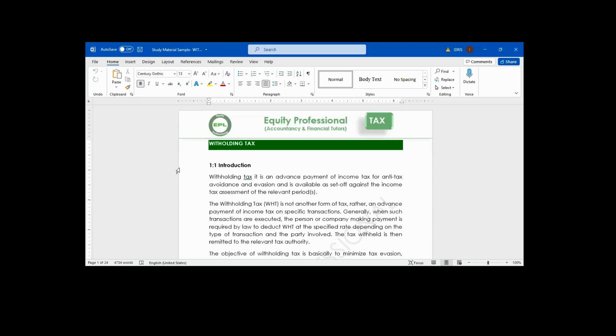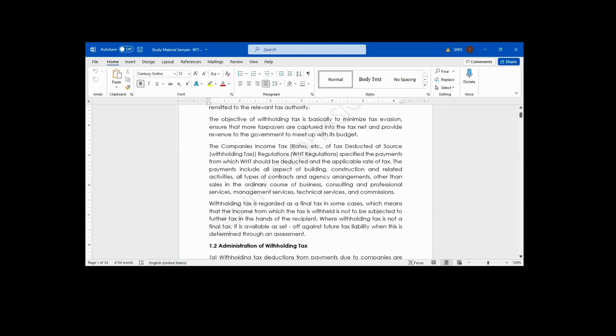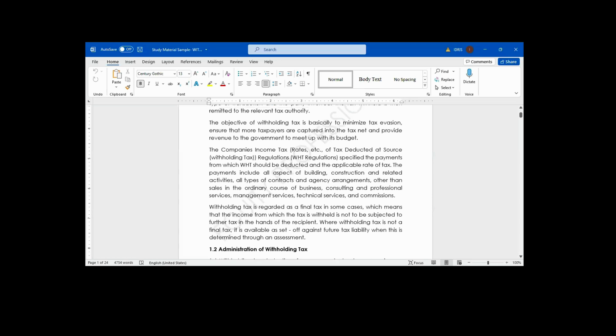That means when you receive income, a certain percentage of the income is deducted as tax at source, and that tax we use to offset your final tax liability. On some of the income generated by a company, withholding tax is deducted. On some of the income generated by an individual, withholding tax is also deducted.